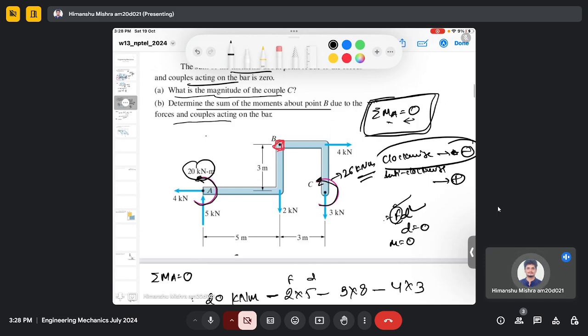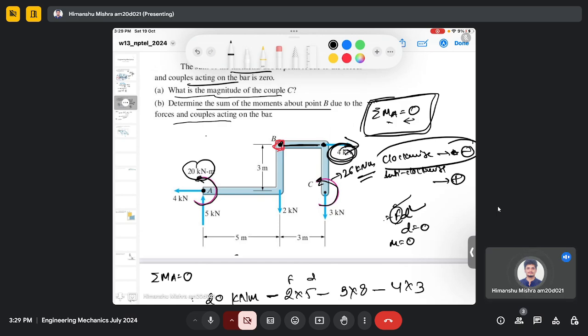And you can see now this force will not create a moment about point B. This force, 4 kilonewton, which is given in the right hand side direction, was creating a moment about point A, but it is not creating any moment about point B because there is no perpendicular distance from this point to point B. There is only a parallel distance but no perpendicular distance, and moment occurs due to the perpendicular distance.